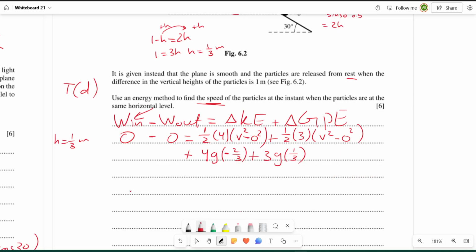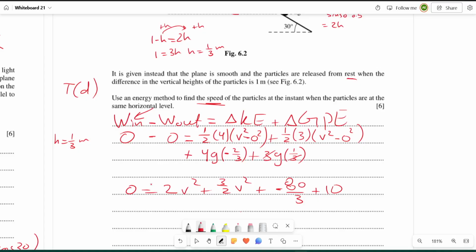So the left part is just 0 equals half times 4, which is basically 2 times v squared, plus 3 over 2 v squared, plus 4 times 10 times negative 2 over 3, which is negative 80 over 3, plus 3g times 1 over 3, this and this cancel, so it just becomes 10.